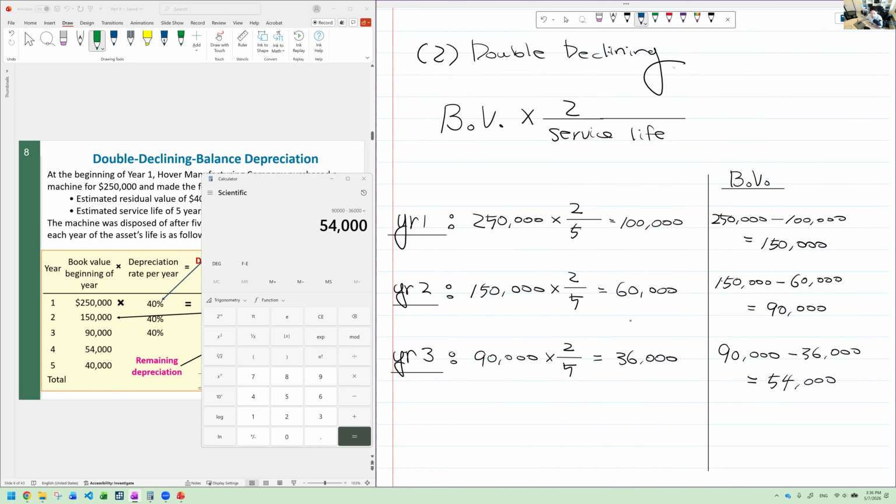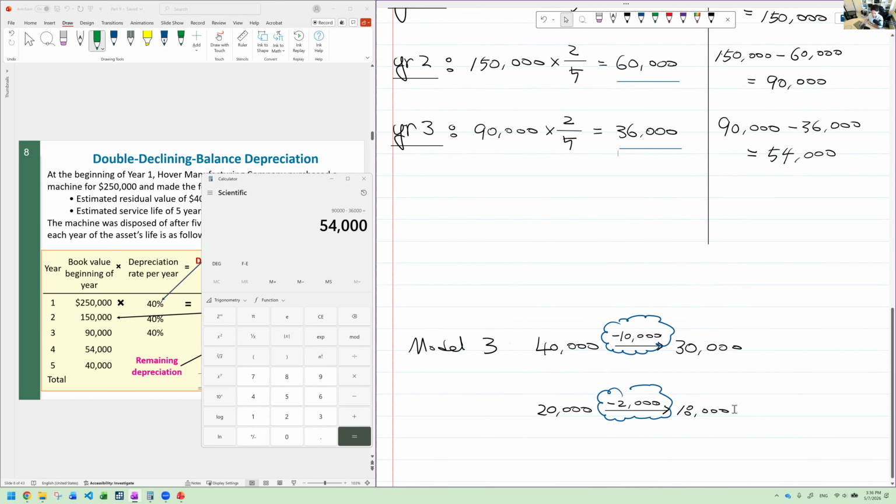As you can see here, the magnitude of the depreciation expense is much greater in year 1 than the magnitude in year 2. And then the magnitude of the depreciation in year 2 is, again, much greater than the magnitude of the depreciation expense in year 3. Okay. All right. So let me erase this.